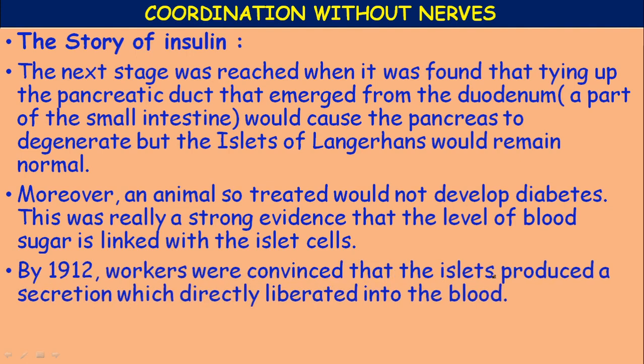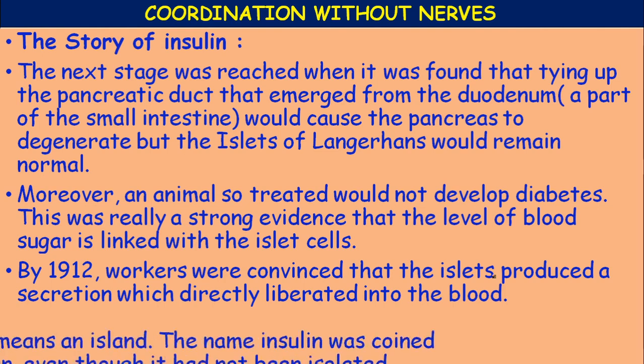By 1912, the workers were convinced that the islets produced a secretion which was liberated directly into the blood but not into the digestive system. Pancreatic juice is liberated into the duodenum through the pancreatic duct, but the secretions of these special cells, the islet cells, are liberated directly into the blood.